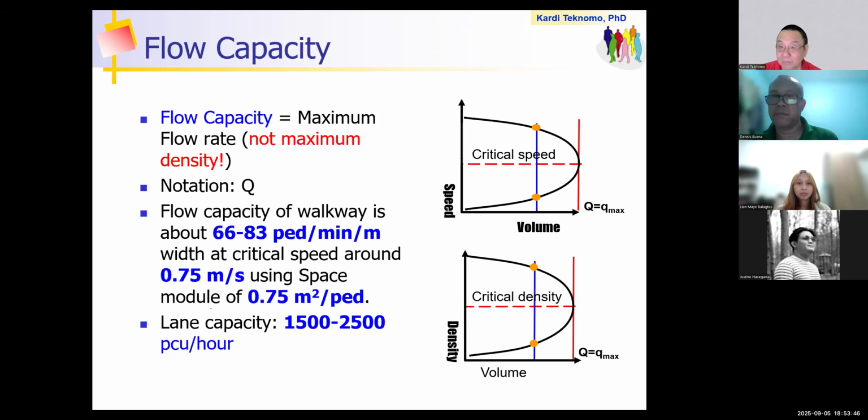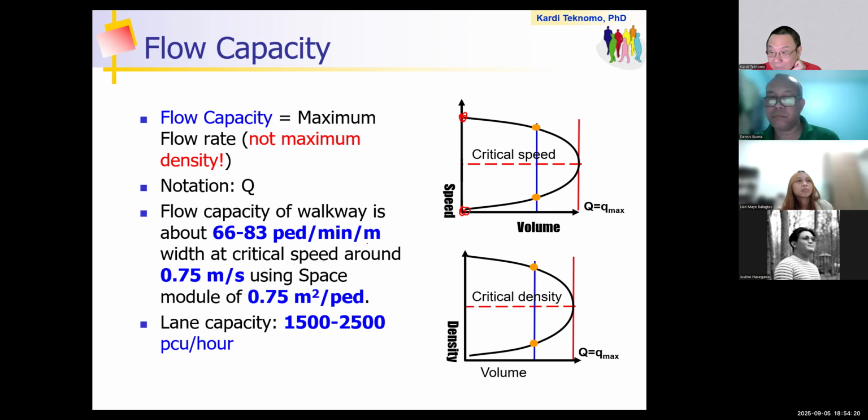Then, when you have very small speed, the volume or the flow is 0. The same thing, if in the morning nobody is passing, only 1 or 2 passing, so high speed, that is also free flow speed, the flow is also 0.